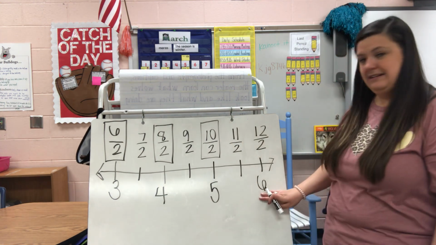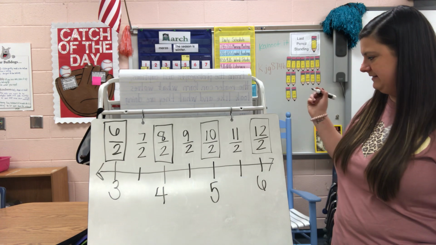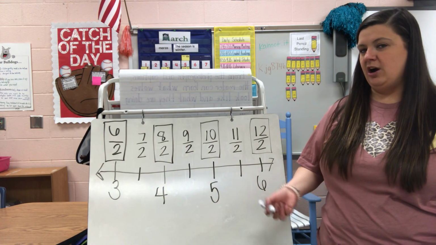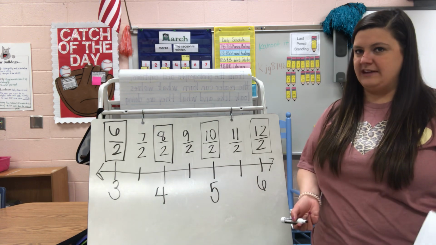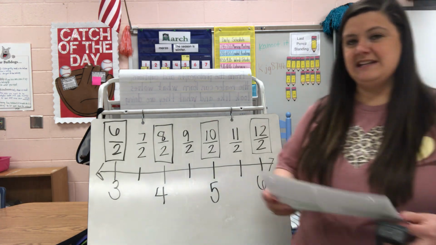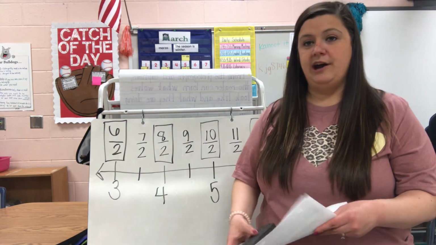And last, 6 is equivalent to 12 halves. Are you noticing any patterns when we're finding our whole numbers with our equivalent fractions using different units? I want you to continue looking for those patterns as you work on your packet today.